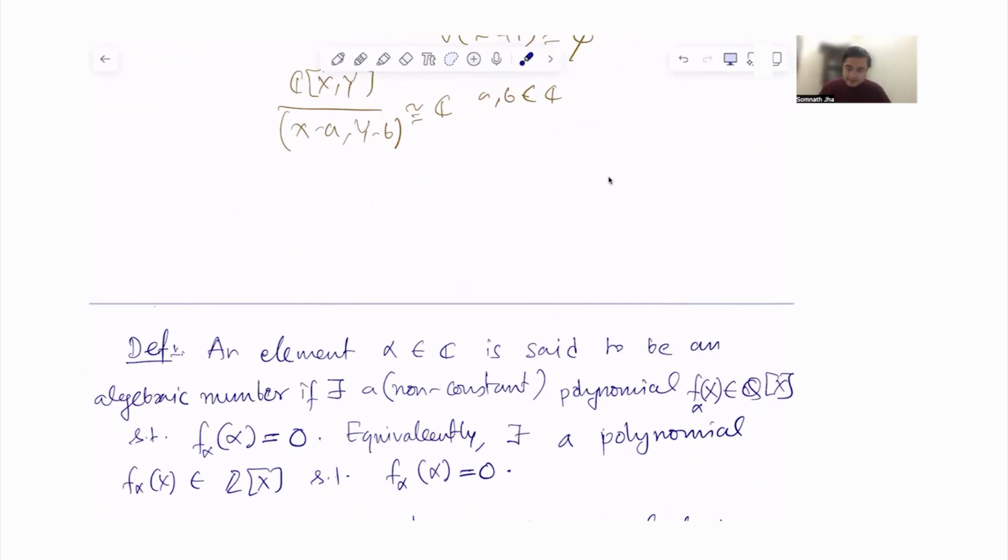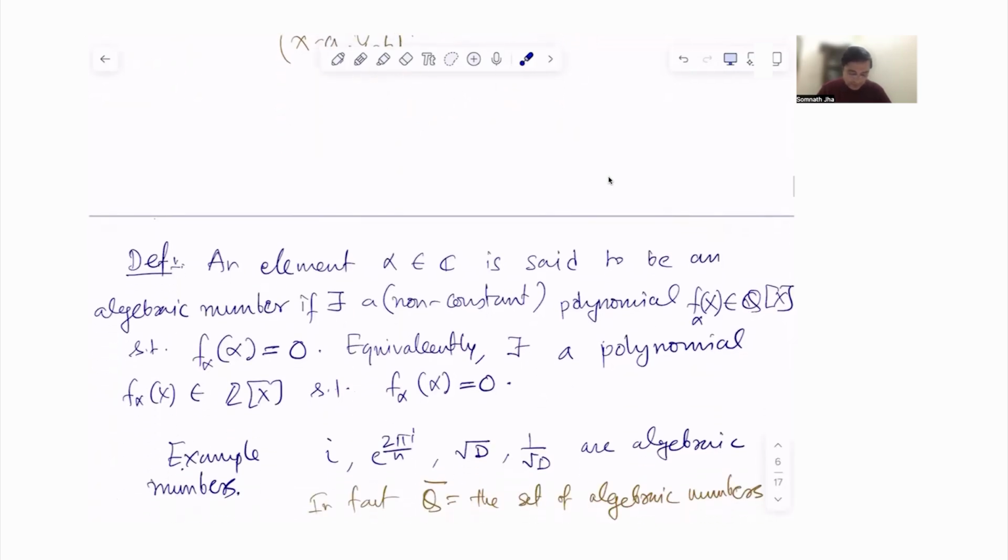Equivalently, you can say that there exists a polynomial f_alpha in Z[x] such that alpha is a root of that polynomial, because you can just clear the denominator, and having a non-constant polynomial in Q[x] is equivalent to having a non-constant polynomial in Z[x] for which it is a root.